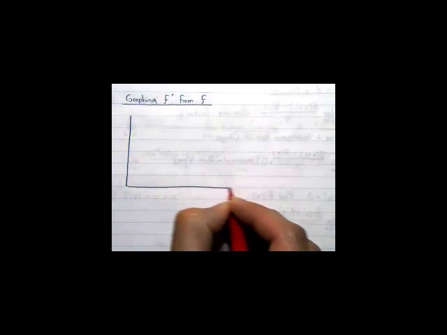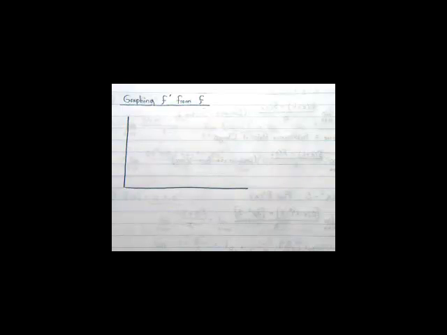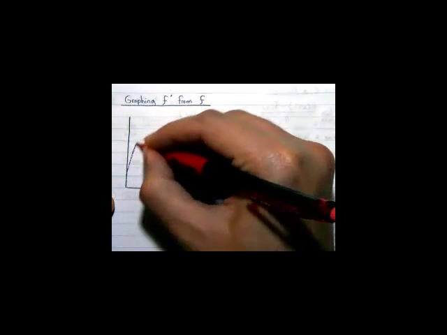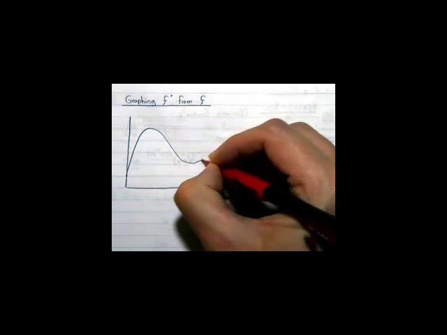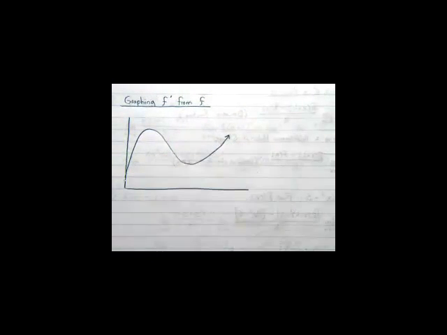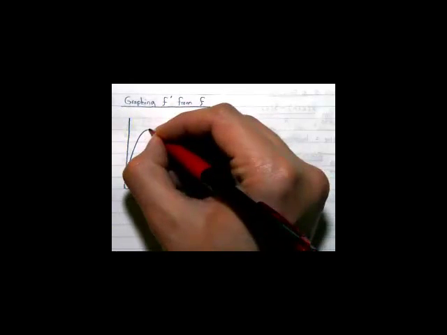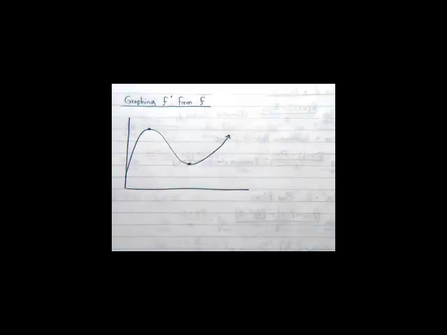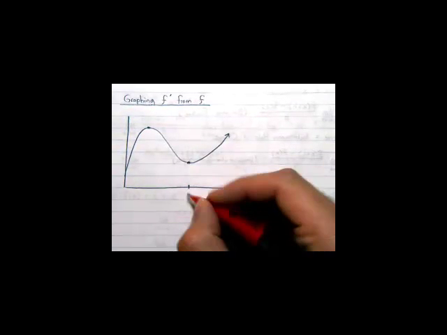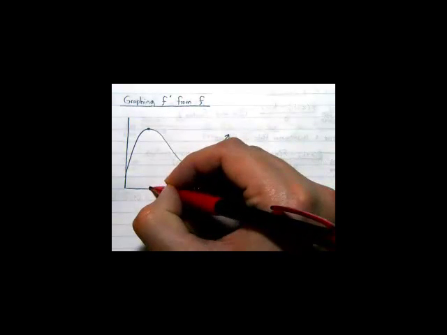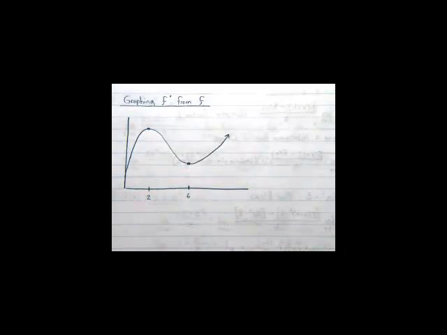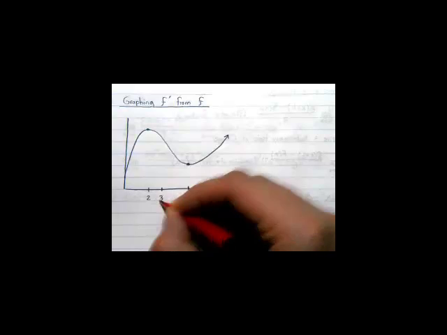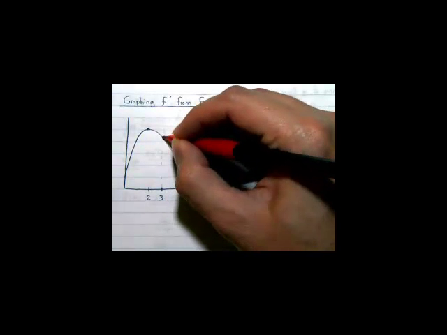So let's start with a graph here of f. All right, and we'll put some scale on this. We're going to point out some key points here. So this particular point is going to be at 6. This one up here is going to be at 2. And then at 3, be right there.